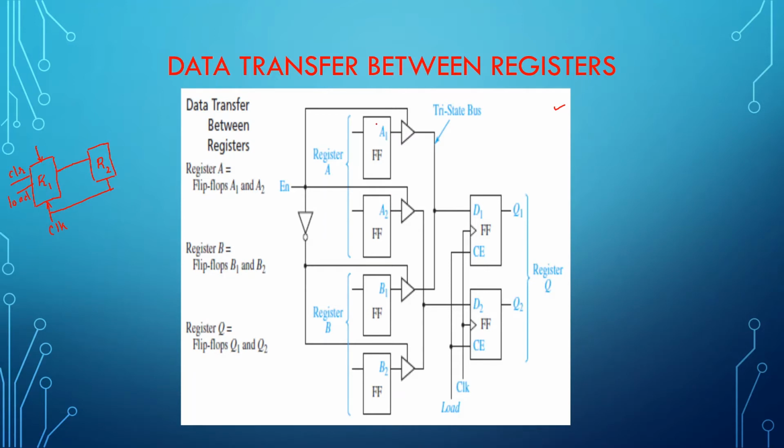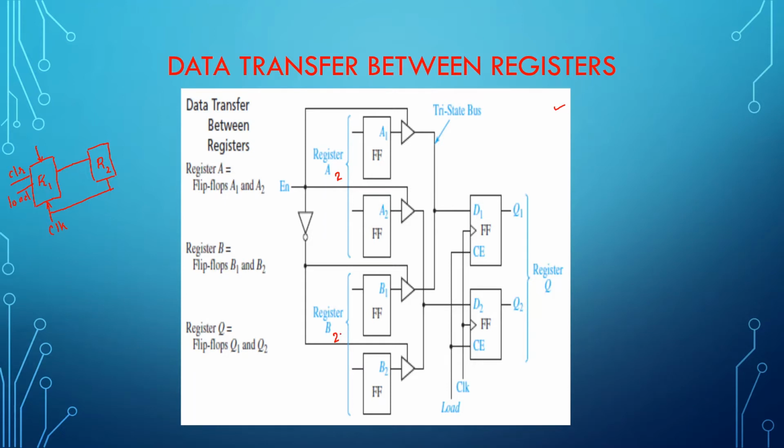If you are having any confusion with respect to this, let us say that this is my register A, which is made up of two flip-flops, flip-flop A1 and A2, and this is my second register, flip-flop B1 and B2. As of now, the data are present in these flip-flops. So you can say that register A is a 2-bit register and register B is also a 2-bit register.